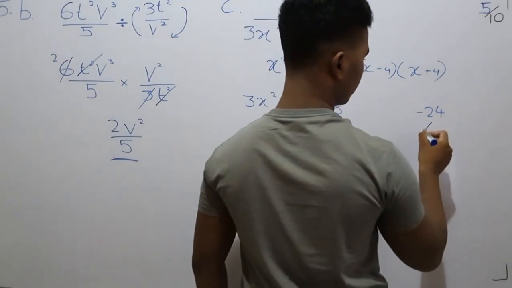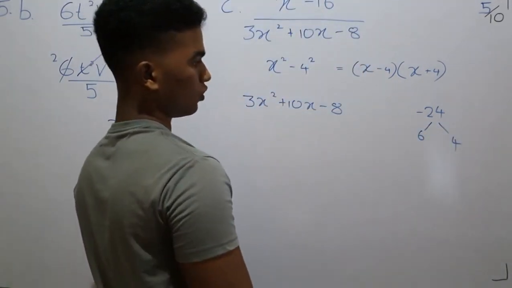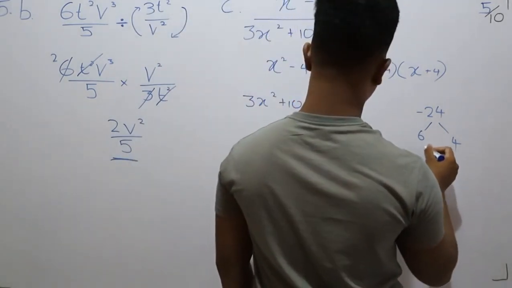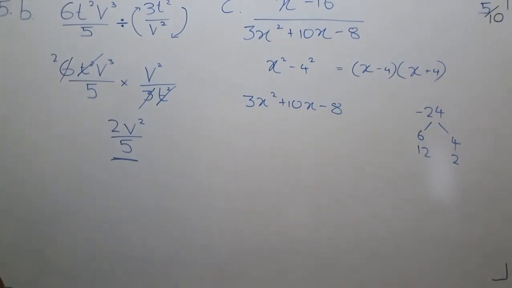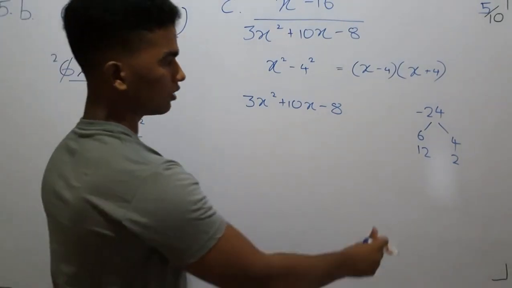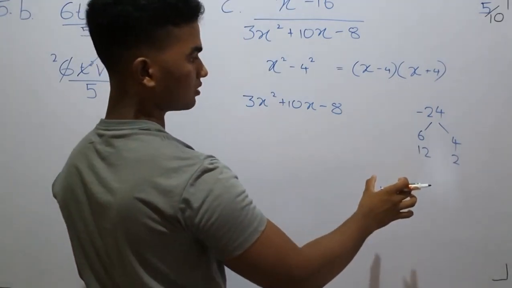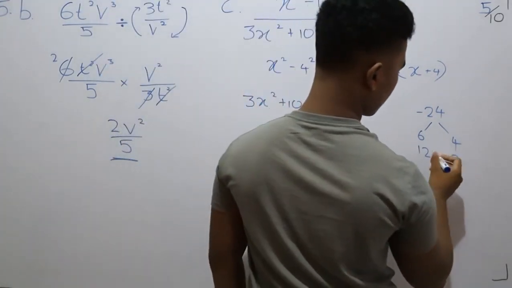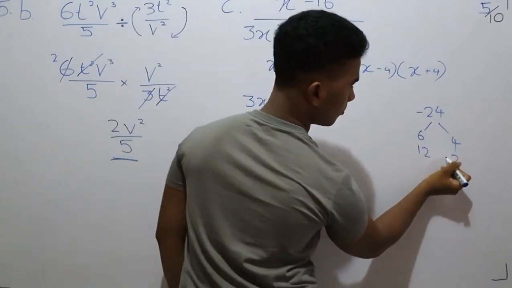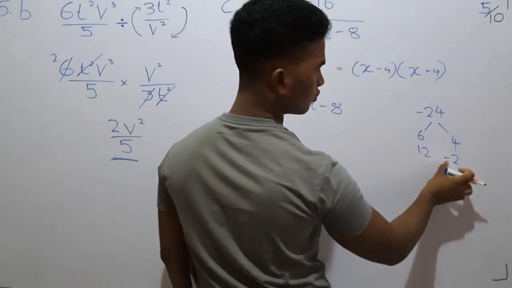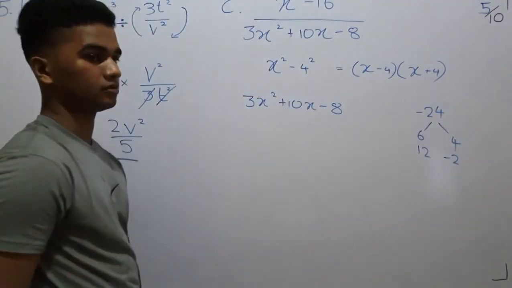Some multiples are 6 into 4, or else 12 into 2. What is the best multiple? 6 into 4 can be used, but the best thing is 12 into minus 2. 12 into minus 2 is minus 24, and 12 minus 2 is plus 10.